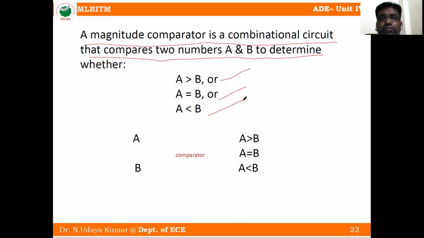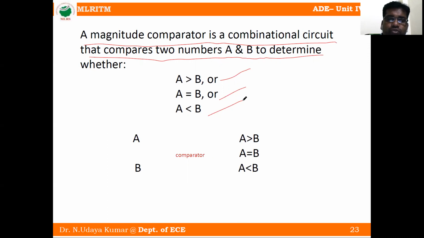A magnitude comparator is a combinational circuit that compares two numbers A and B to determine whether A is greater than B, A is equal to B, or A is less than B. We call it a magnitude comparator.